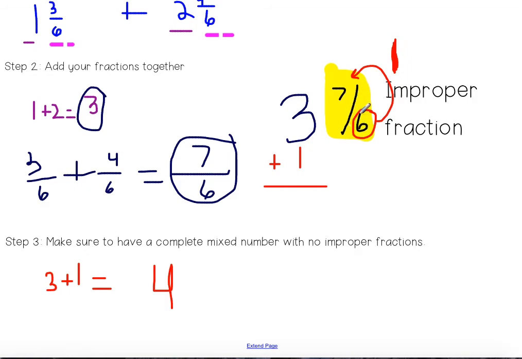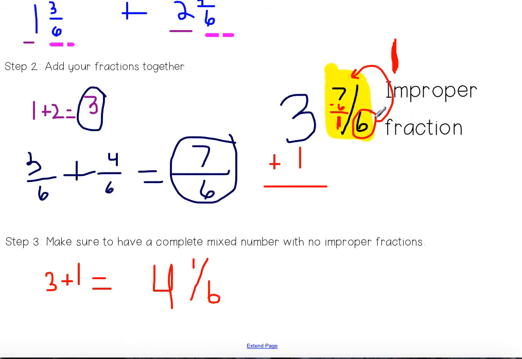Then I have to ask myself, okay, well, 6 can go into 7 one time, yes, but there is still 1 left over, right? There's still 1 left over because 7 minus 6 gives us 1. And here you can see this 1 over 6 that's left over. And that's how I change an improper fraction back into a mixed number.